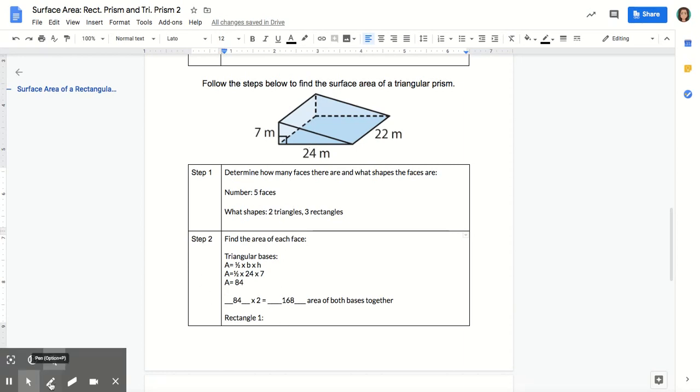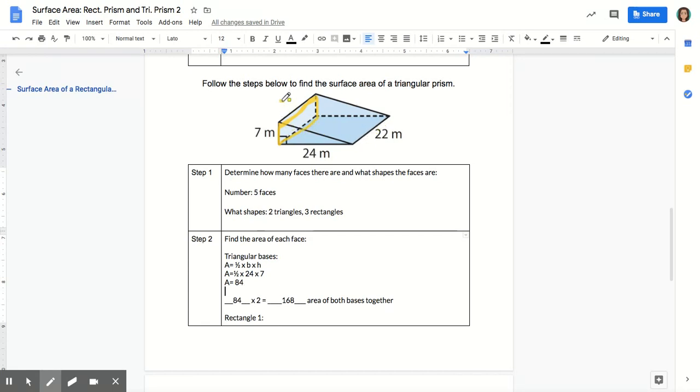And our bottom rectangle is kind of the easiest one to see. Let's take a look at the side one here. The little tiny skinny one, okay? And we need to know the dimensions. We have the height of 7, but what about our base? Now that's not labeled down here or up here, but we do have a 22 over here, which is opposite this side.